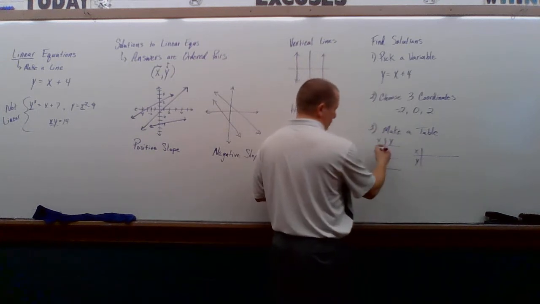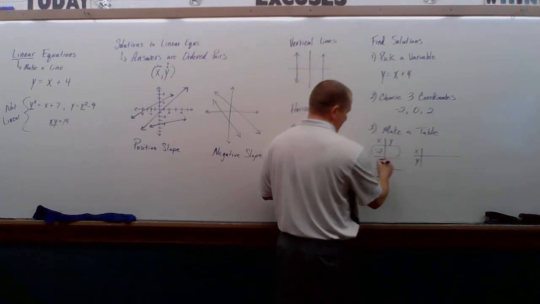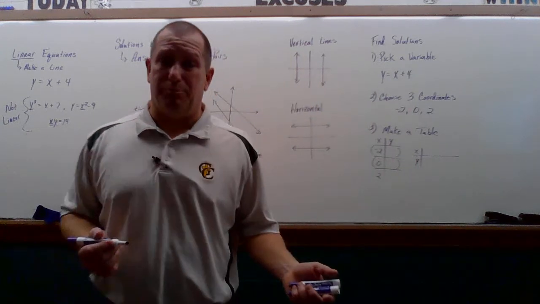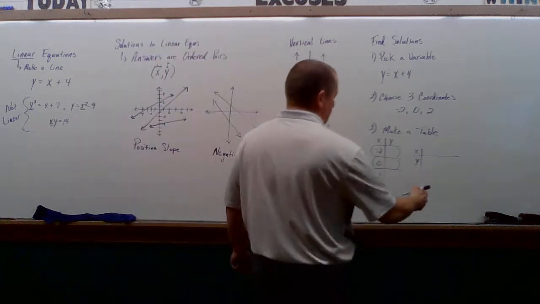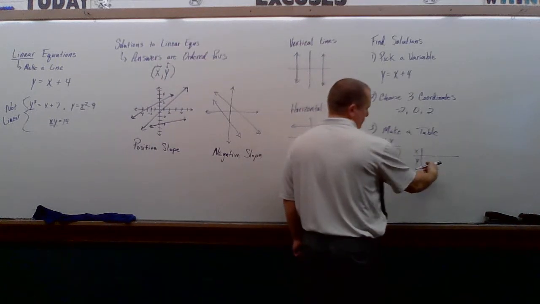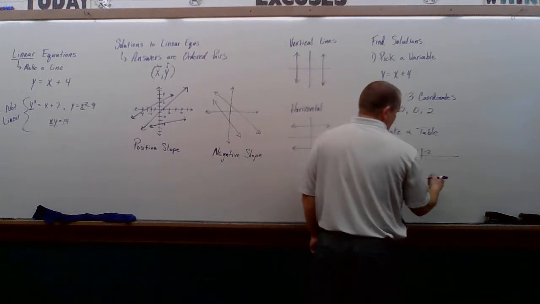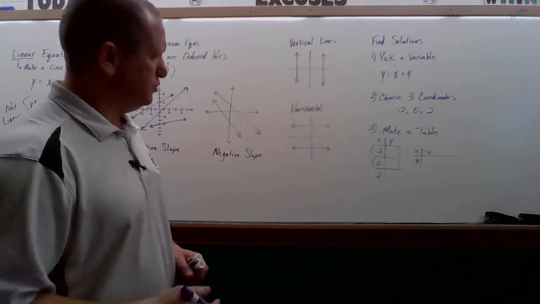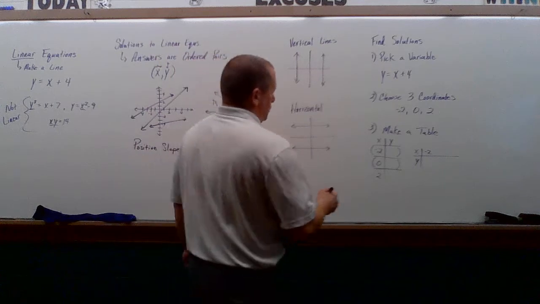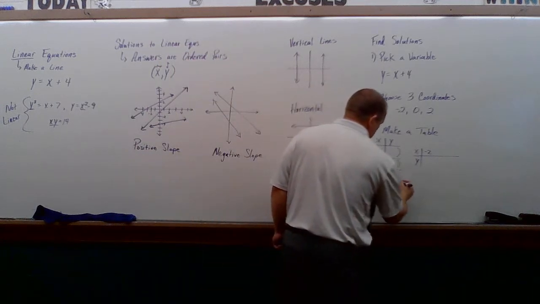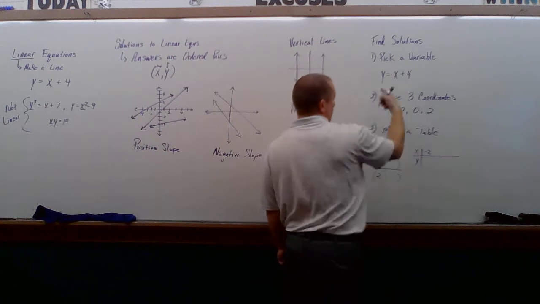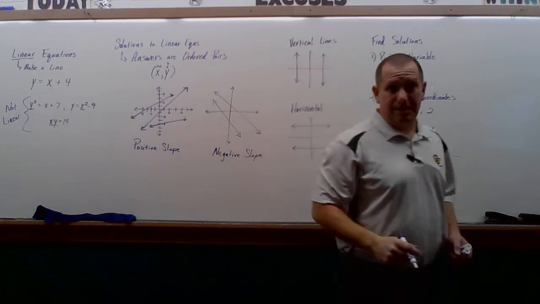After I get both of my coordinates in there, I can put parentheses around my numbers, and they would actually look like points. This one to me, or I mean ordered pairs, when I do this, that to me doesn't look like an ordered pair, but again, that's totally up to you. So we're going to make a table. We're going to put the 3 numbers that we chose for the variable that we chose into that table.